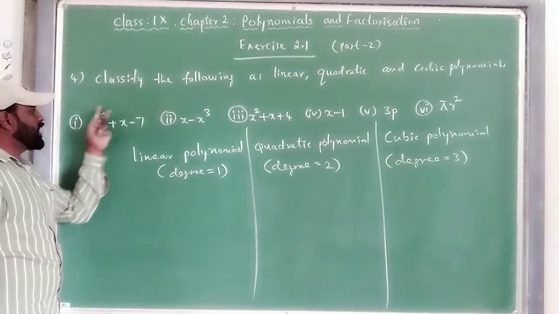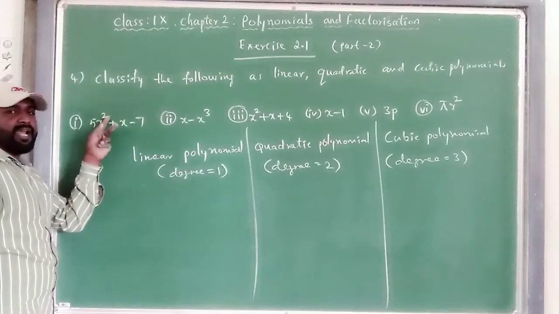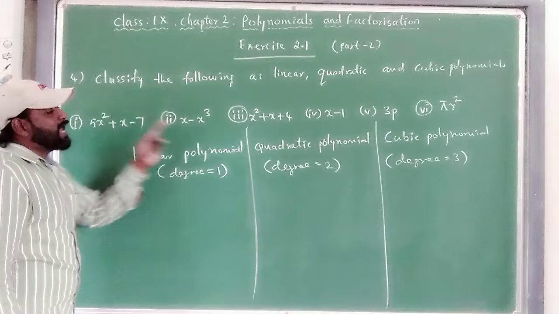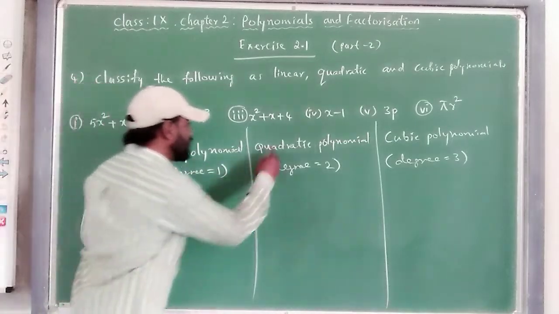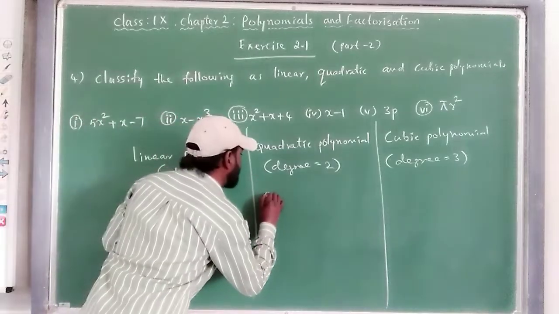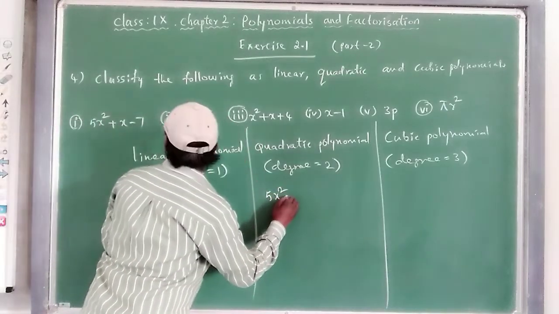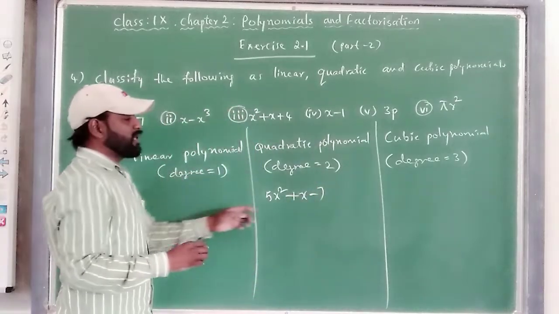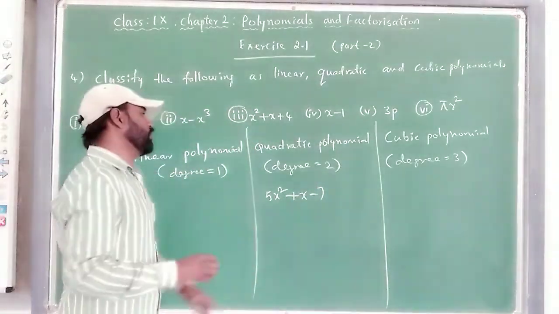So what is the highest exponent? 2 is the highest exponent. So if the degree is 2, it is called a quadratic polynomial. So 5x square plus x minus 7 is a quadratic polynomial since its degree is 2.